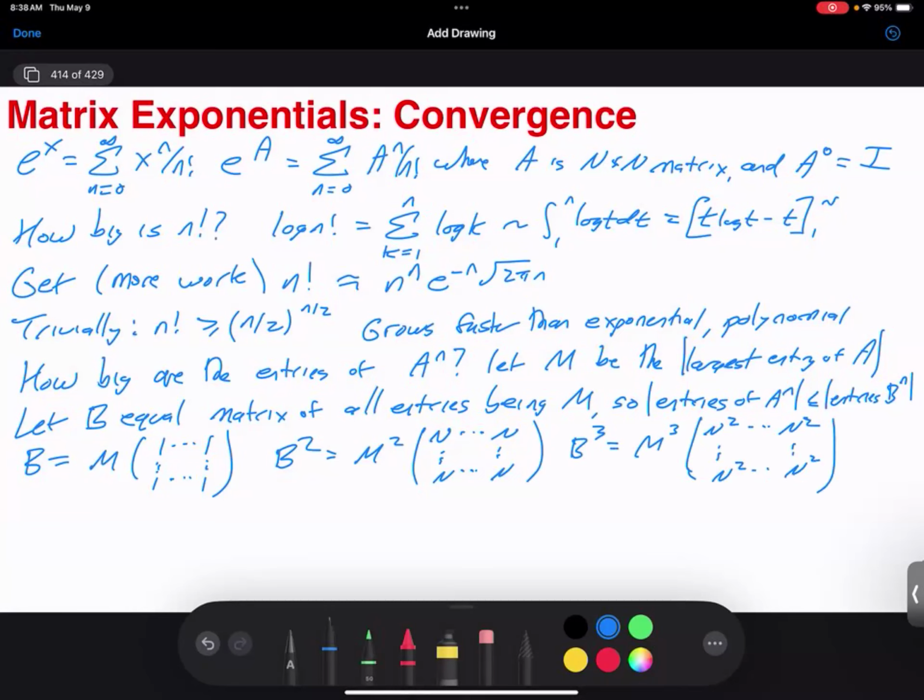Because when I have all ones, I'm just going to add n squared plus n squared plus n squared, n times. So in general, B to the n would be m to the n, and then the matrix of n to what power? So what power would I have for the n's?